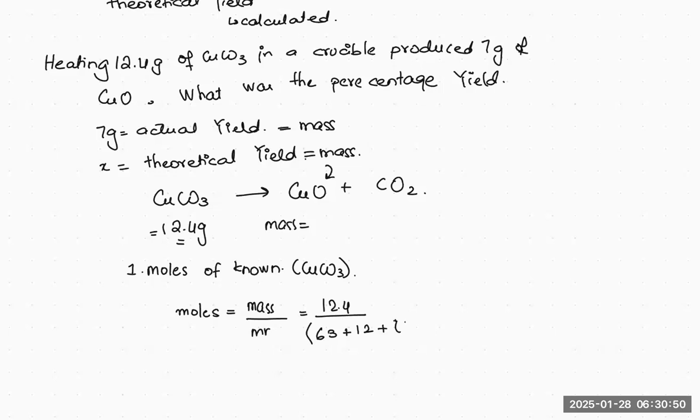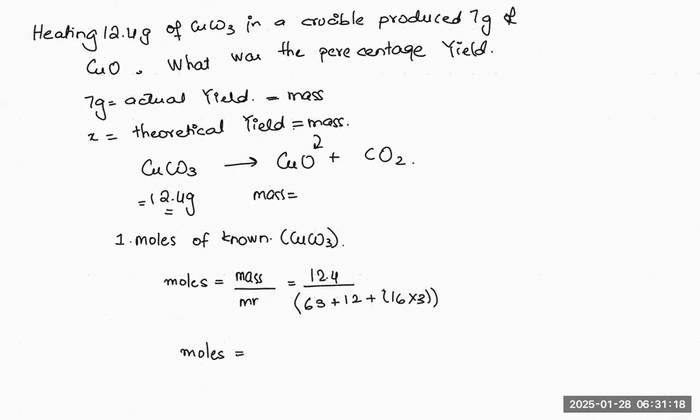This is how you're going to do step number 1. You have the mass, you divide it by the MR. MR, you can calculate using the periodic table: copper plus carbon plus oxygen multiplied by 3. So you will get the moles. Hajra, what do we get as our moles? I got 123, I think. Moles?